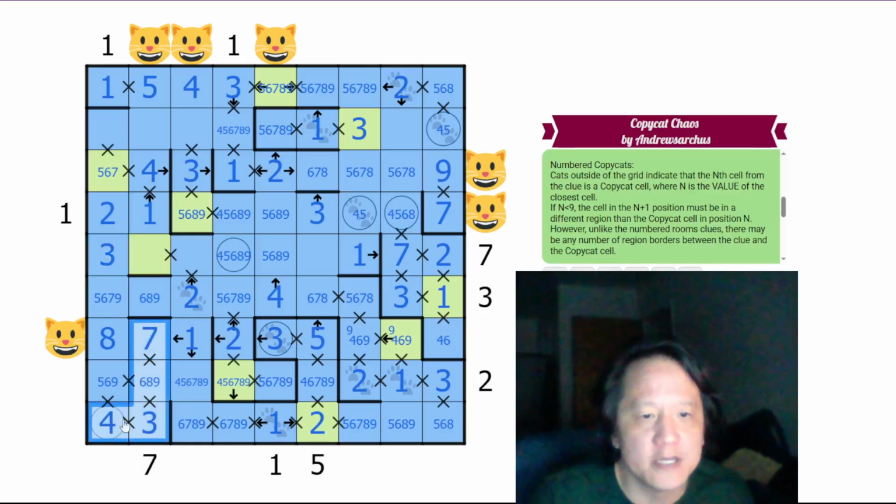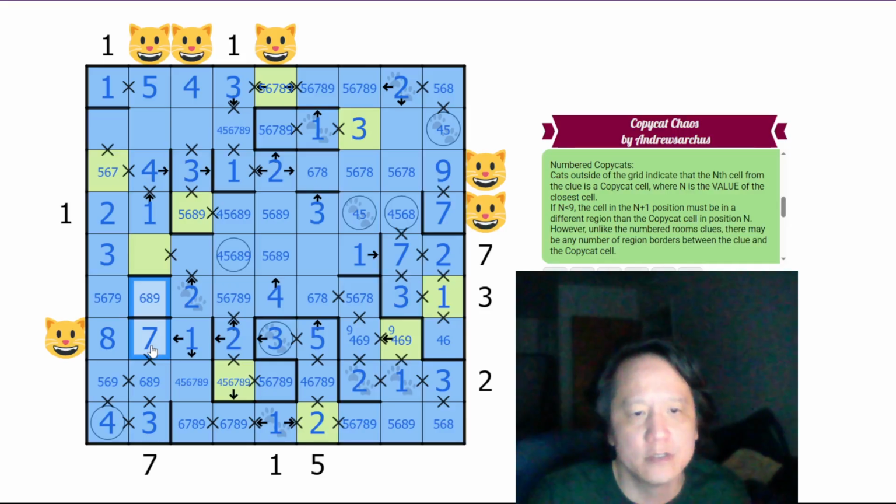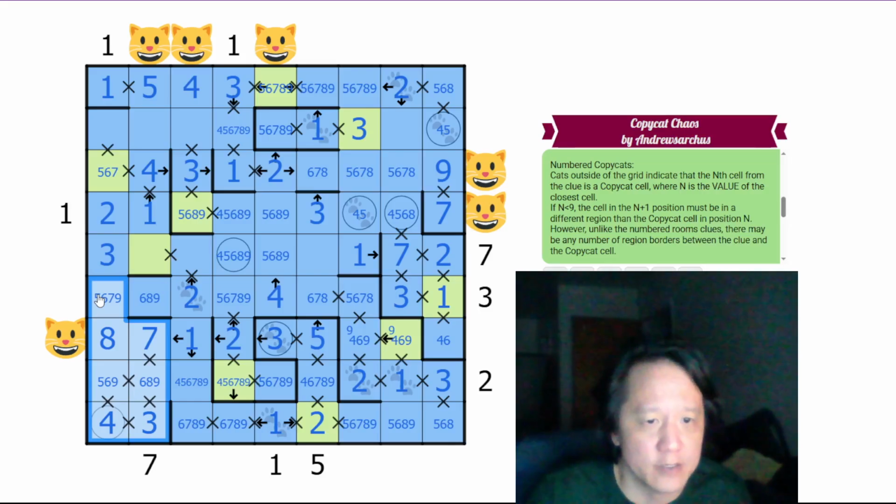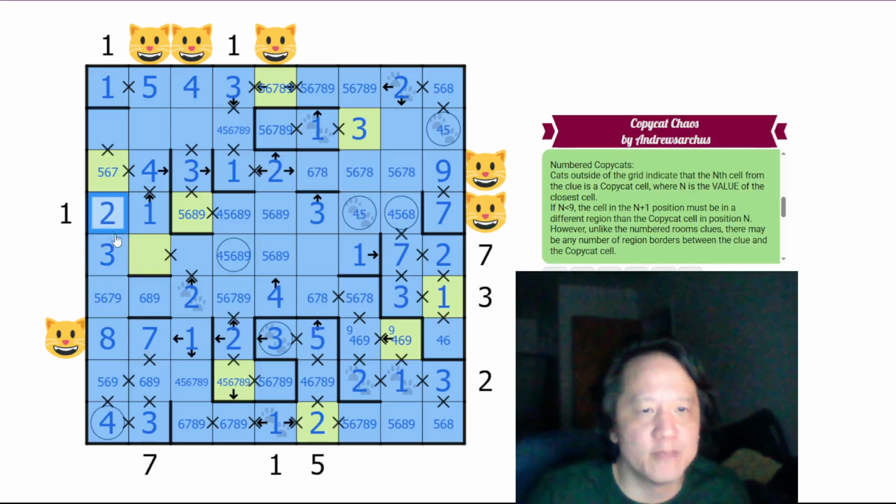So this cannot go this way because we know this is a separate region. And if we try to go this way, the problem is that it gets blocked by the 3 and it gets blocked by this cell, which has to be a separate region. And then that's too small. It gets blocked from access to this 2 by the 3 here.